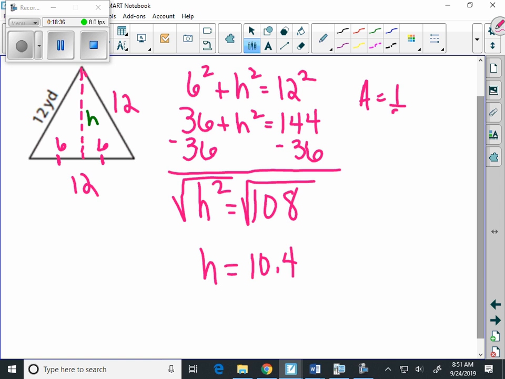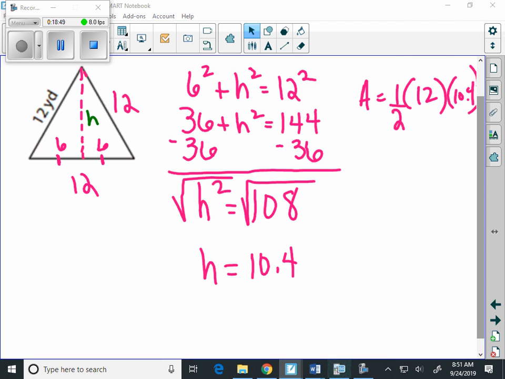And it's going to be 1/2 times 12. It's the whole base. 1/2 times 12 times the 10.4. And we type it in.